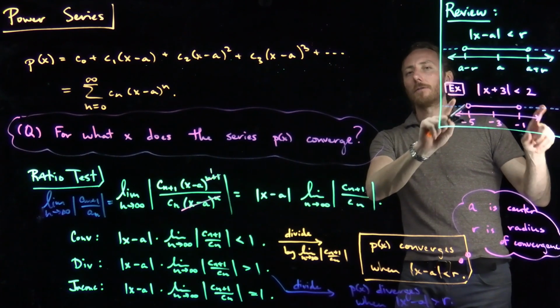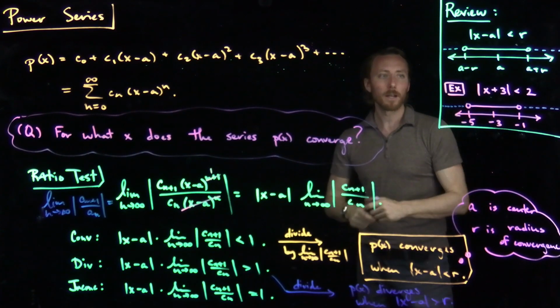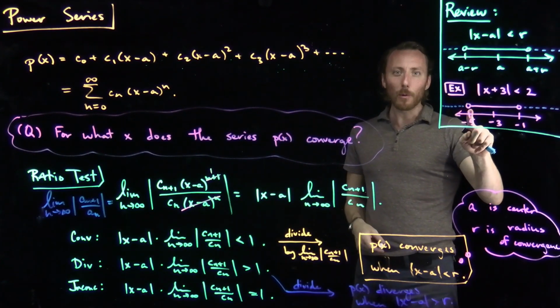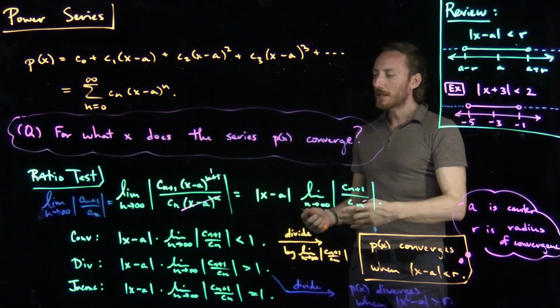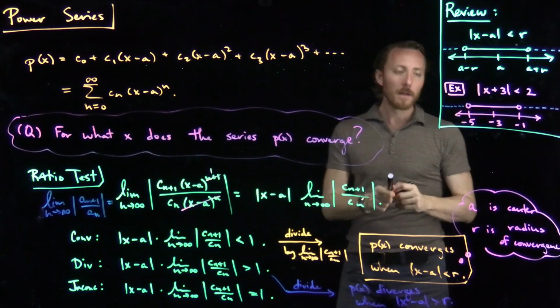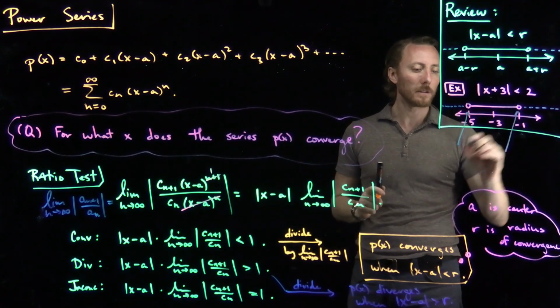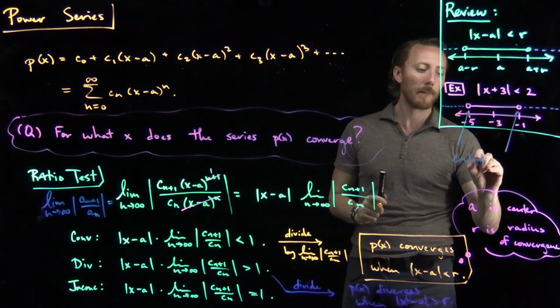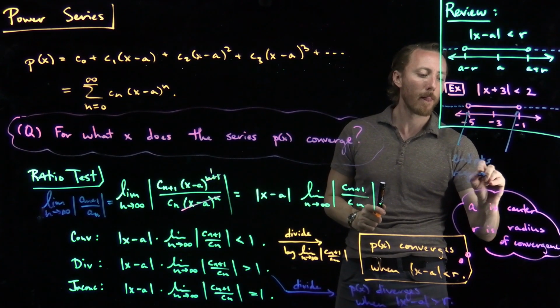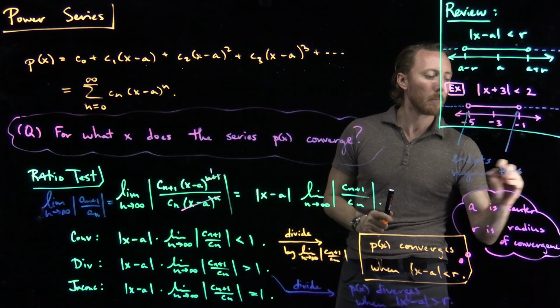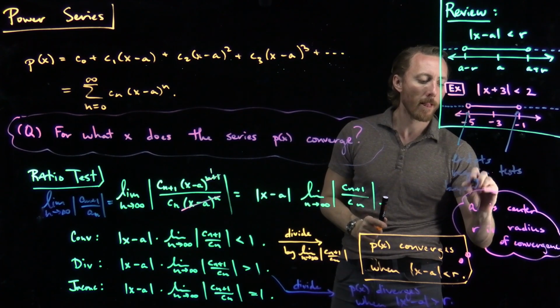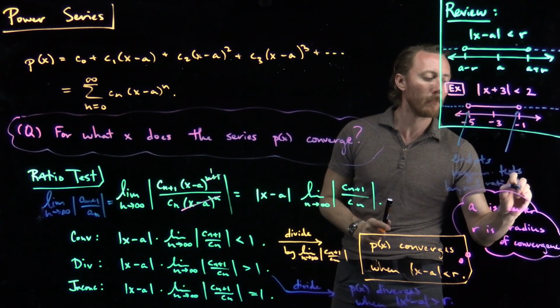Outside of the radius of convergence, we guarantee divergence by the ratio test. And at the endpoints, unfortunately, the ratio test is inconclusive, which means if we were ever to test these endpoints for a given power series, the endpoints require tests beyond the ratio test.